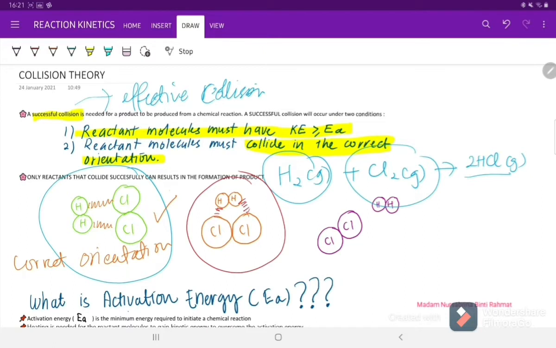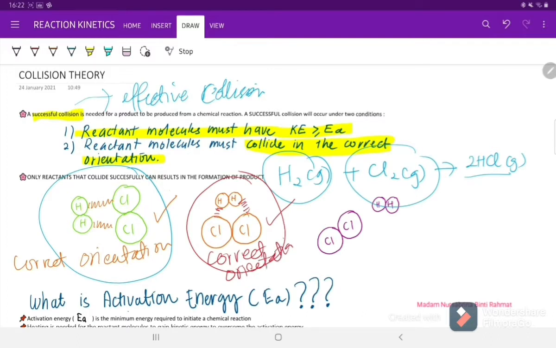They are facing each other, so they have a correct orientation and can directly form bonds between them, and therefore HCl can form. So in this second setup, it's still a correct orientation, so product can form, and an effective collision can take place.